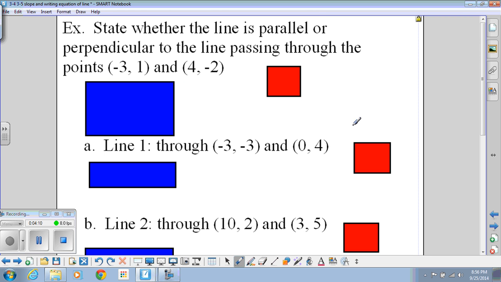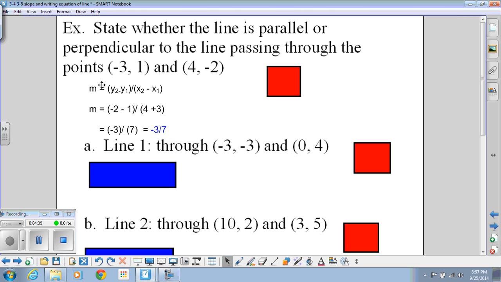So in this example, we're going to state whether the line that we have here is parallel or perpendicular to this line. So first we have to figure out what is the slope of this line that goes through these points. Now, we don't have a graph, and you could graph these and then count the rise over run, but I don't want to always have to get graph paper out. So something you might remember from algebra is your slope formula, and I'll remind you here.